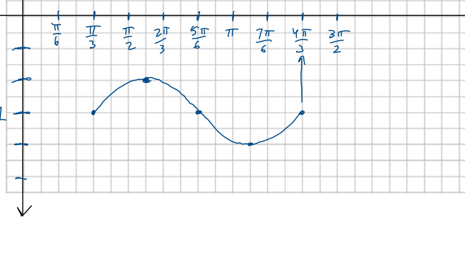Some people do weird things with sine, where they go like this. Well, that's wrong, because it should be coming out and going straight through. Right? So think about it a little bit.